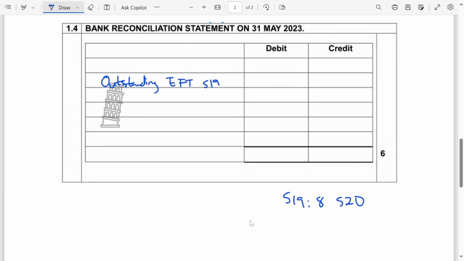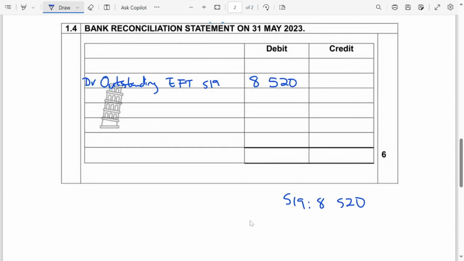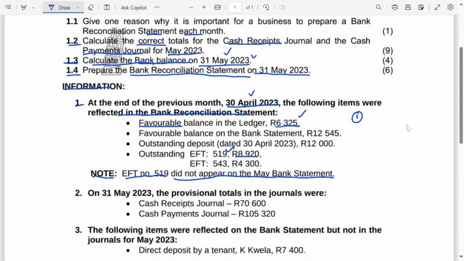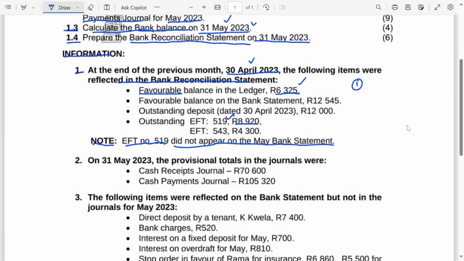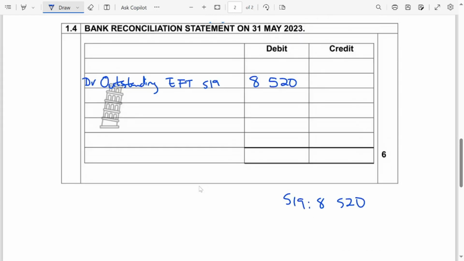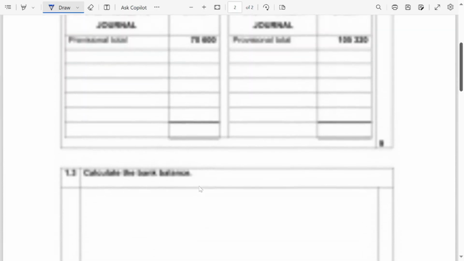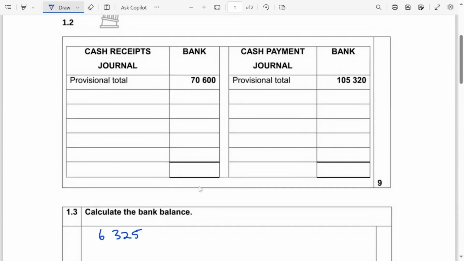The outstanding EFTs must be debited, 8,520. Okay, and then let's continue. They gave us the totals for CRJ and CPJ. I assume here that they are already given, they are already recorded.